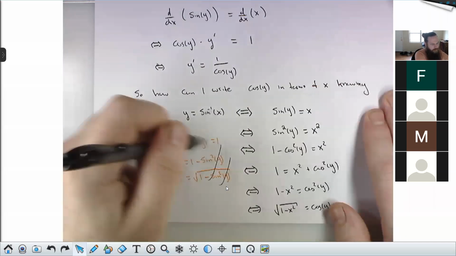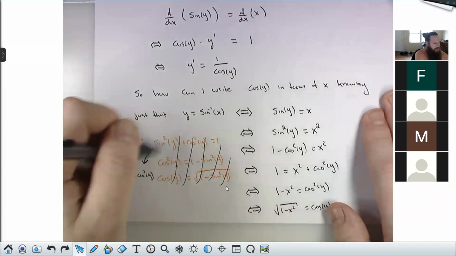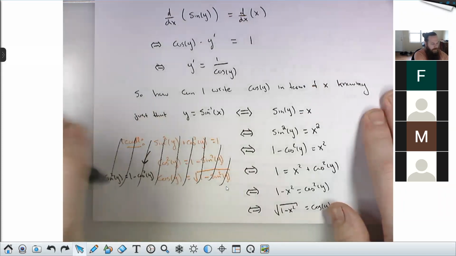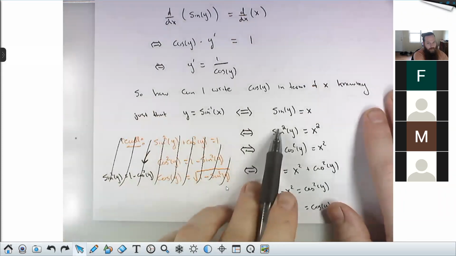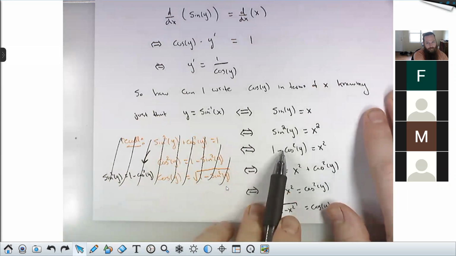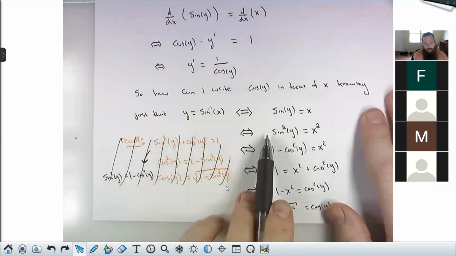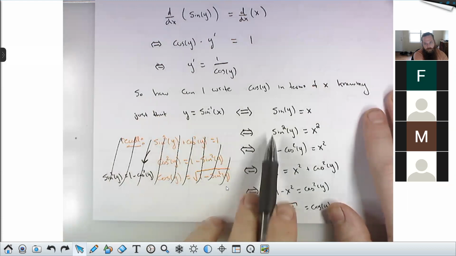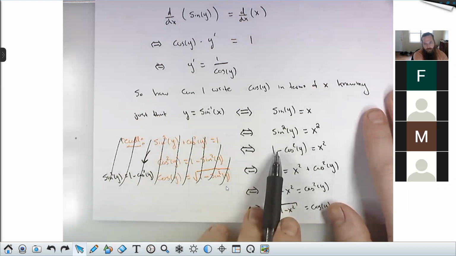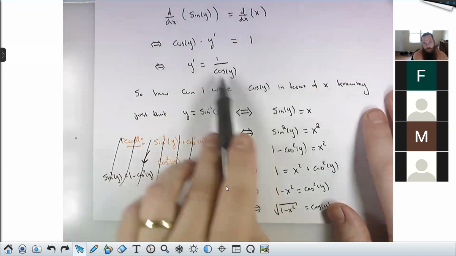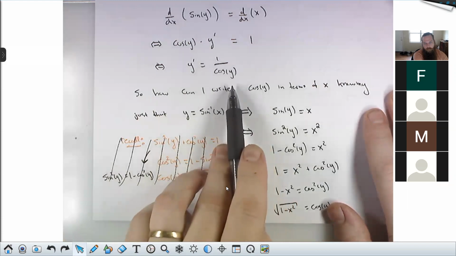I would say ignore all of this in the orange. There's another way to do this that I keep in my head. But all we're using here is this Pythagorean identity. Sine squared is 1 minus cos squared. That's always true because sine squared plus cos squared is 1. So I can replace this sine squared by 1 minus cos squared. And my goal is to solve for cos y because that's what I have here.